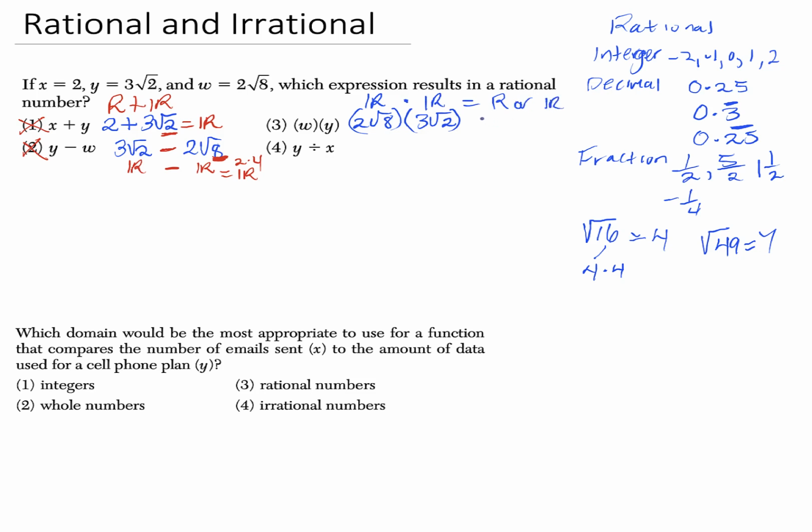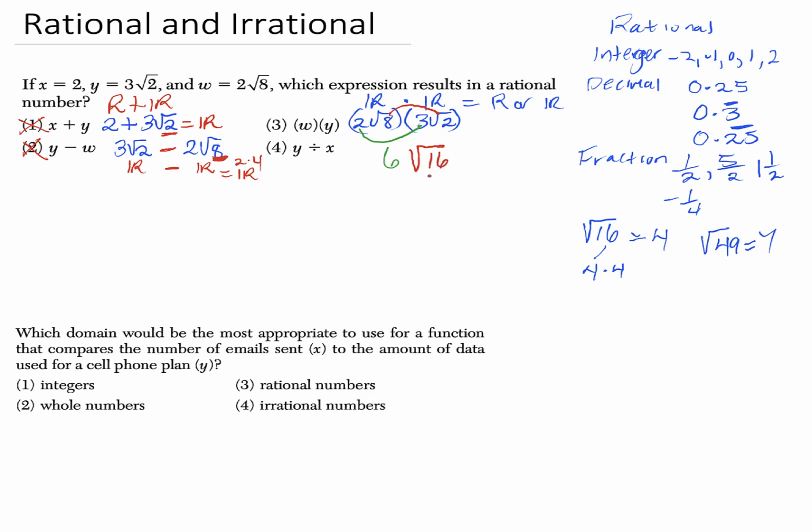And to figure that out, you're going to have to do some work. The outside numbers are going to multiply themselves, so 2 times 3 will give me 6. The two numbers that are in the square root symbols are going to multiply themselves. Keep the square root sign, and then 8 times 2 is 16. Let's focus on that 16.